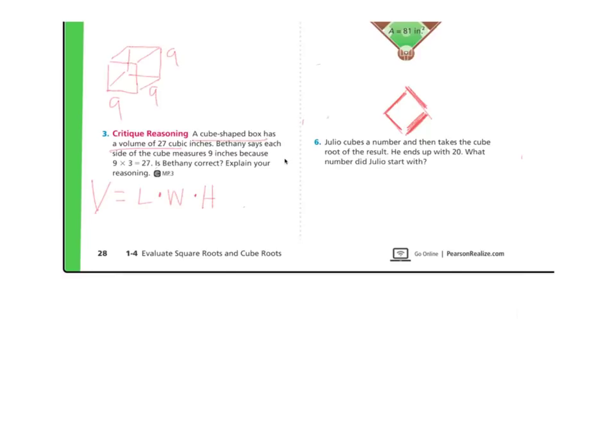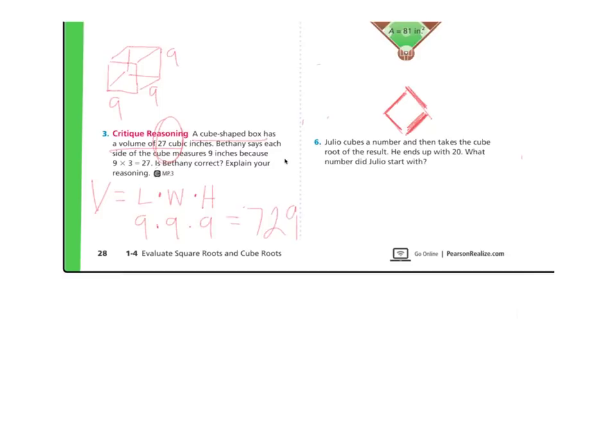If what Bethany says is true, if every side is 9, then the volume is 9 times 9 times 9. Well, if you take 9 times 9 times 9, I believe that to be 729, which is clearly not the same volume that they told us it was.